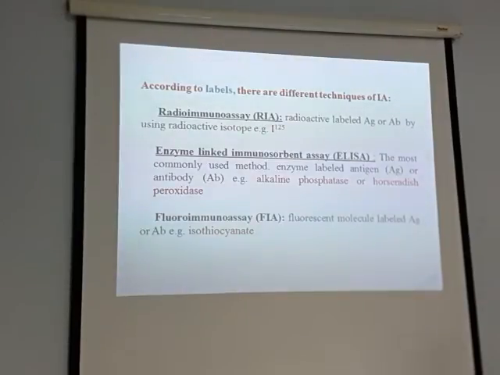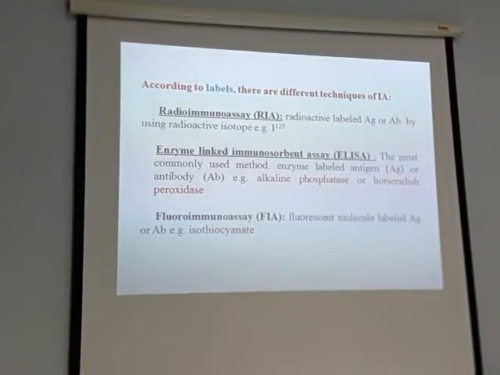According to the label, what is the meaning of label? We make some labels to identify. If you want to identify something, you have to put some mark on it; that is called a label. The labels are nothing but some substance which we are using in the techniques.